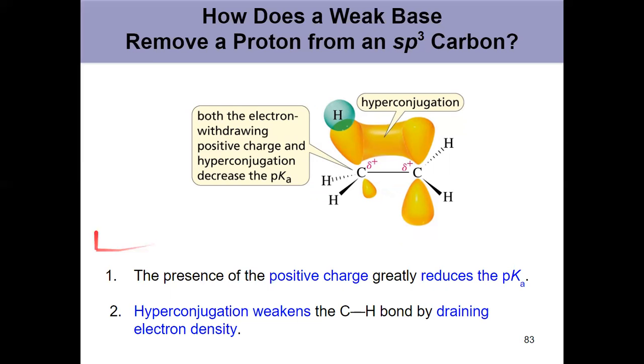So even though this beta carbon here is sp3 hybridized, the presence of the positive charge on the carbocation greatly reduces the pKa of that acidic hydrogen, because electron density has shifted over into the vacant p orbital, which has weakened the carbon-hydrogen bond. Less electron density between the two means it's a weaker bond, meaning it's a lower pKa and it's more acidic. So that's why we're able to deprotonate that thing.